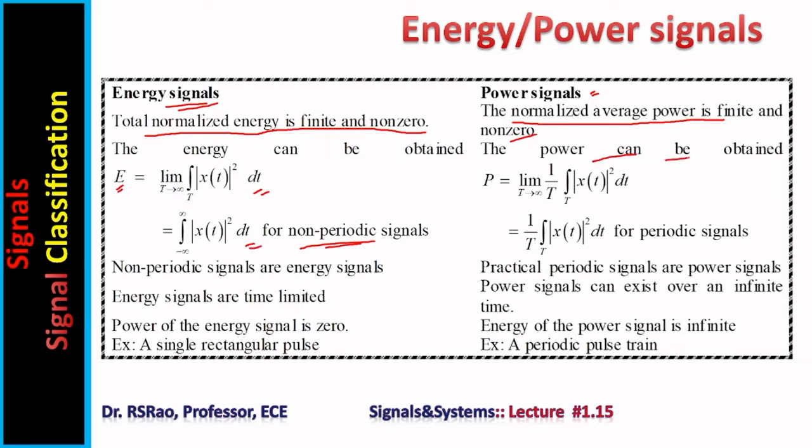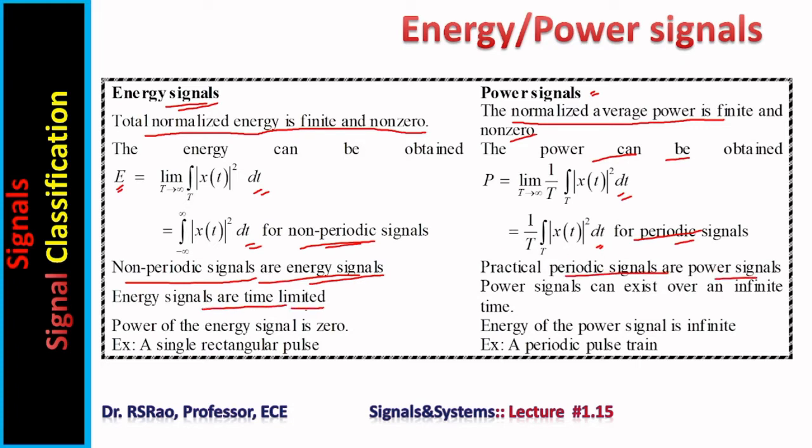Normalized power P of a signal by definition is limit T tends to infinity 1 by T integral of mod x of t whole square dt. For periodic signals, it turns out to be 1 over T integral of mod x of t whole square dt. One more important point is non-periodic signals are energy signals, whereas periodic signals are power signals.